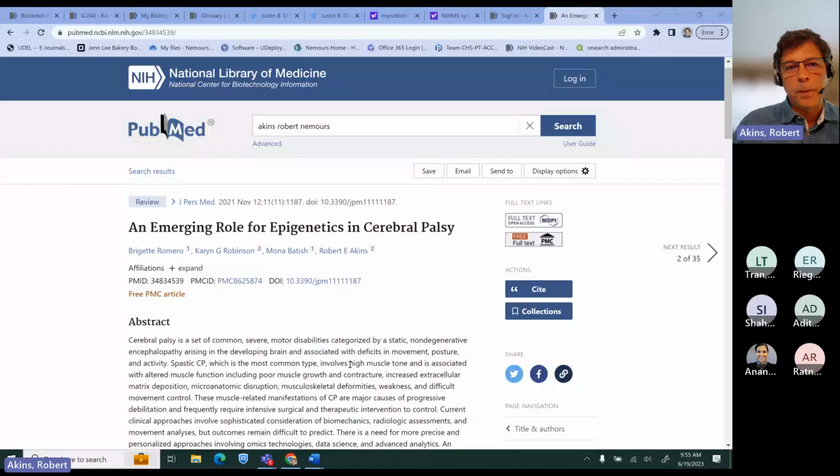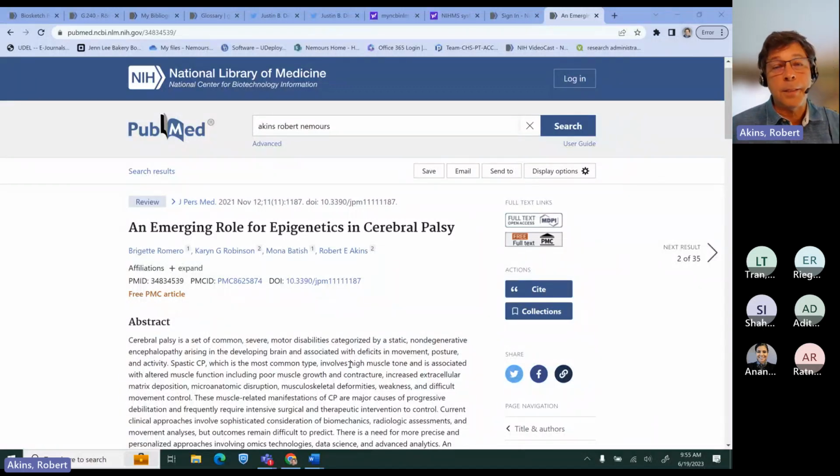So I'm going to open one more thing and I just have to sign in here. All right, I'm not going to open one more thing. I'm just going to show these two. So the PMID, there's an interface called PubMed, which if you're not familiar with it, you should be using it. It's the National Library of Medicine.